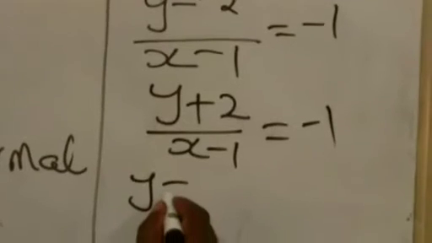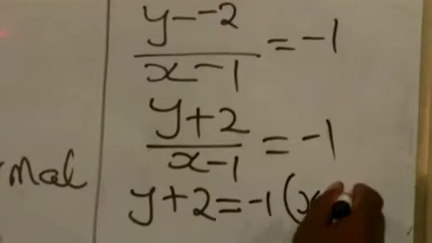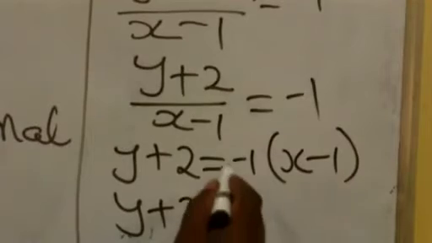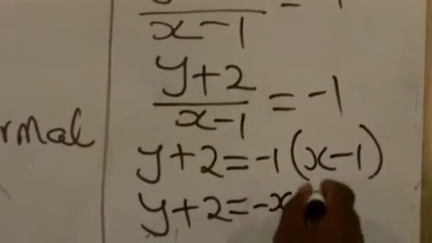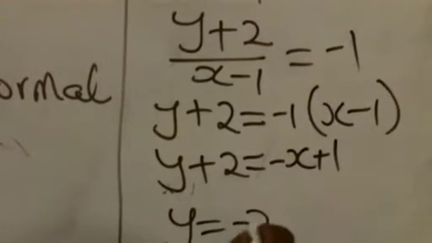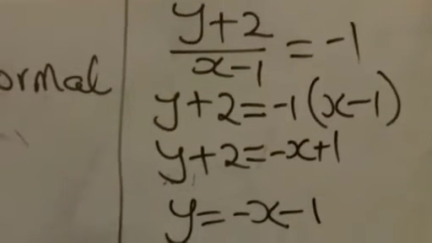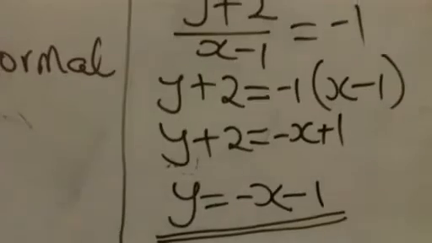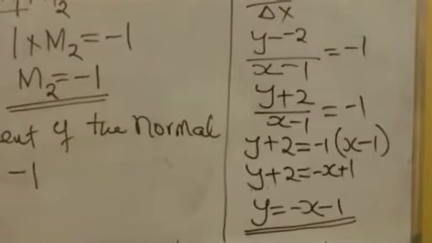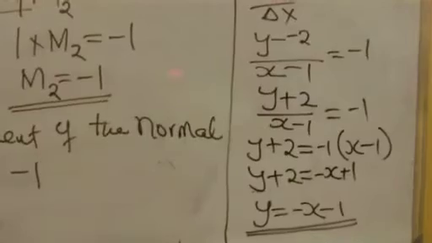So y plus 2 equals -1 times (x minus 1), which is y plus 2 equals -x plus 1. So the equation will be y equals -x minus 1. That will be the equation of the normal. Y equals -x minus 1.